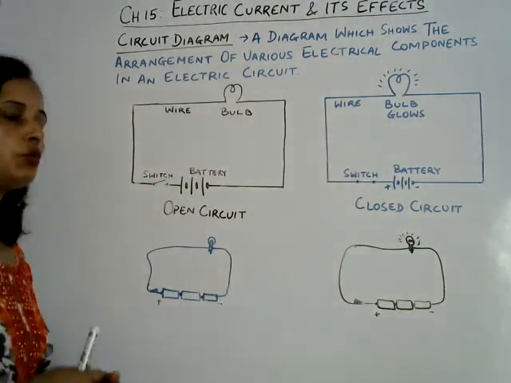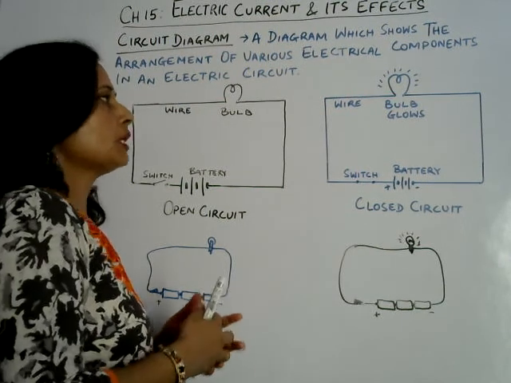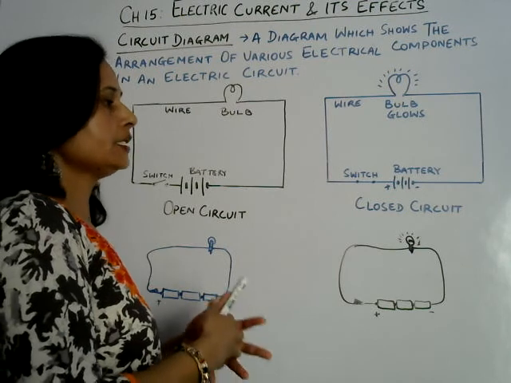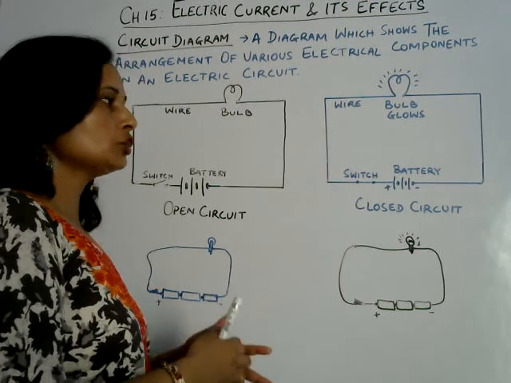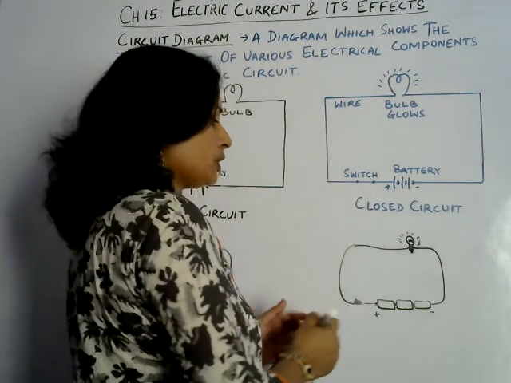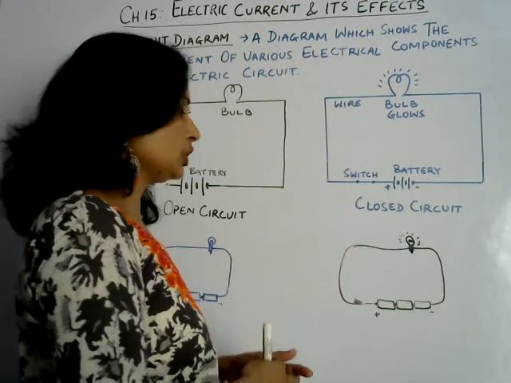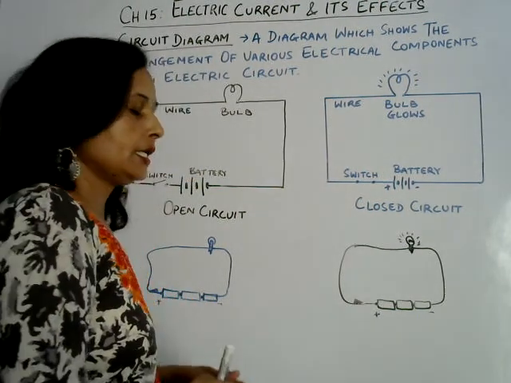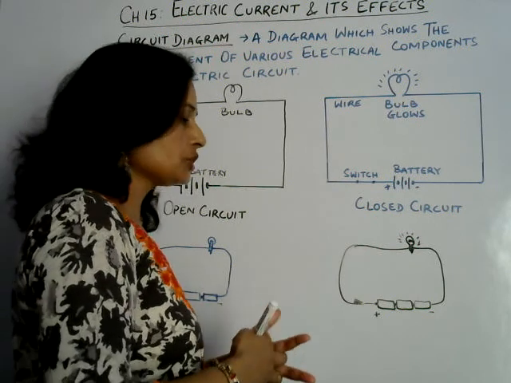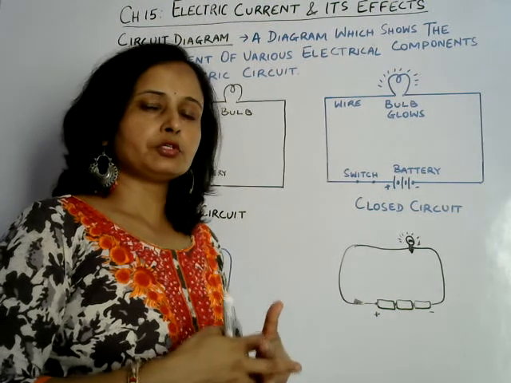So what is the factor? What is there due to which a bulb can glow after switching on? Well, there is a potential difference between the two terminals, two sides of a circuit. The positive terminal has more potential in comparison to the negative terminal, due to which electrons will flow from the positive terminal towards the negative terminal, and due to the flow of charges, electricity is produced.